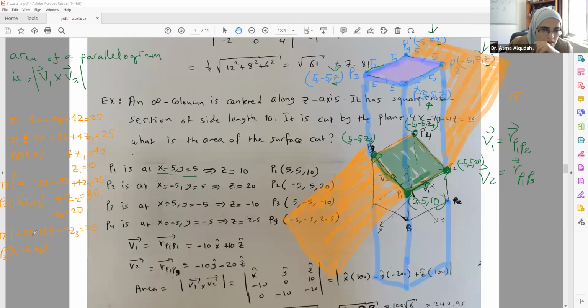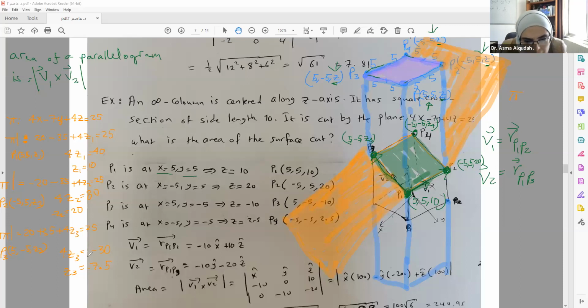So 4z3 is equal to 5 minus 35, which is minus 30. So z3 is equal to 30 divided by 4, which is 7.5.